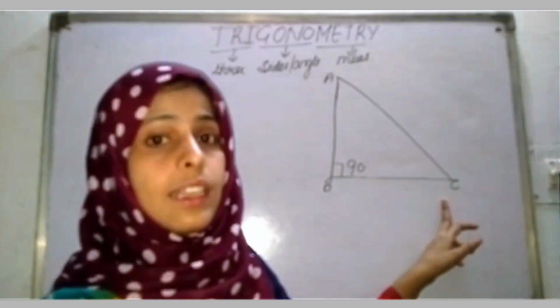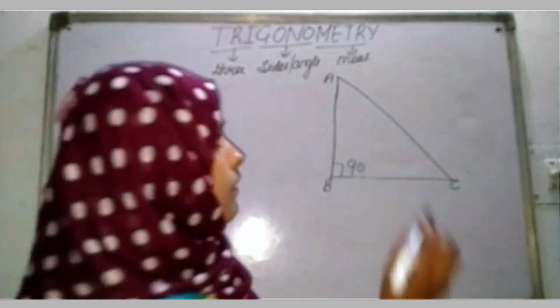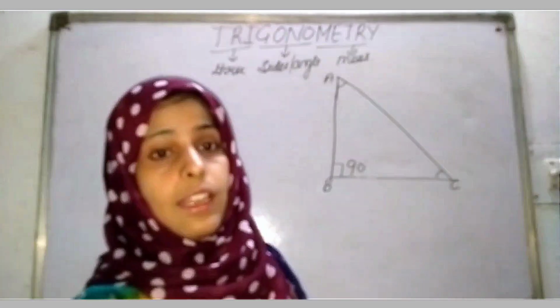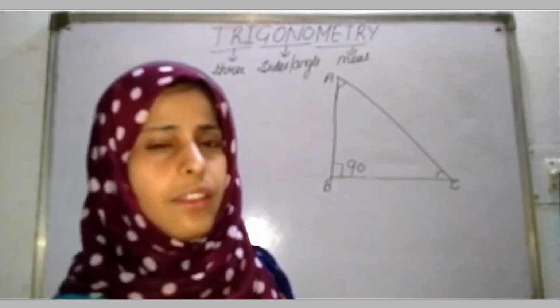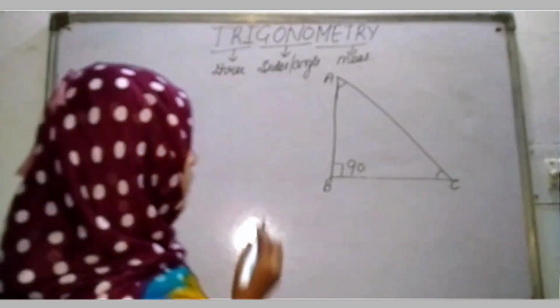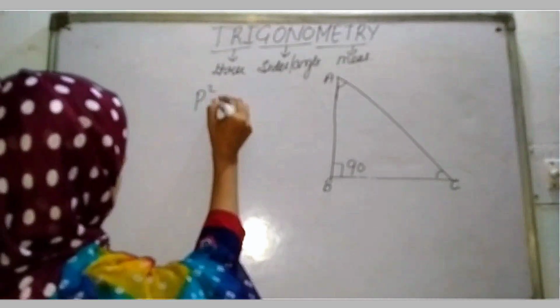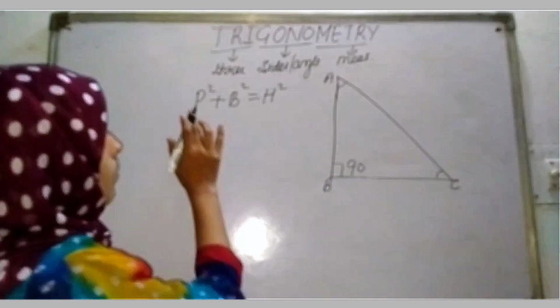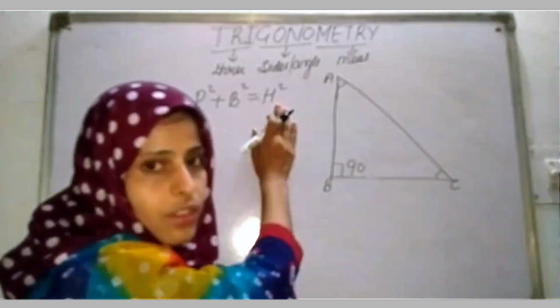Acute angle means less than 90 degrees, or we can say their sum is equal to 90 degrees. As we have studied previously, in a right angle triangle, the Pythagoras theorem states that p square plus b square is equal to h square, meaning perpendicular square plus base square is equal to hypotenuse square.